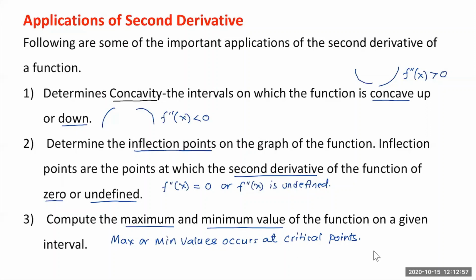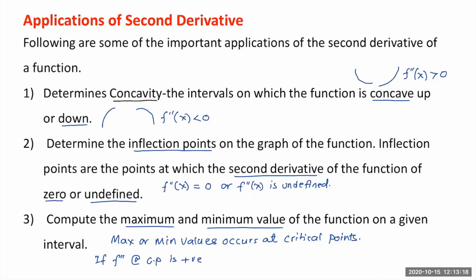So in order to find the critical points, you have to set the first derivative to 0 or find where it is undefined. Once we have that, we have to find the second derivative.